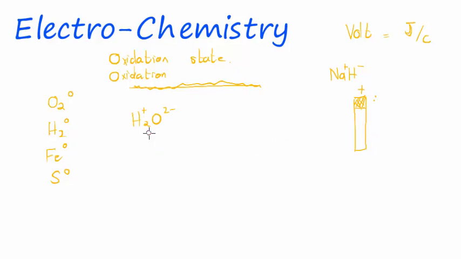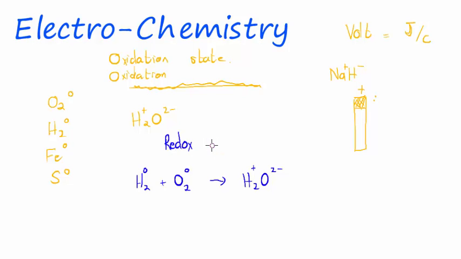Now, if in a reaction, for example, if I were to take the exothermic reaction, hydrogen plus oxygen, to produce water, H2O, notice that I went from having a 0 oxidation state for both of them to having a positive and having a 2 negative. Okay, and this is called a redox reaction.